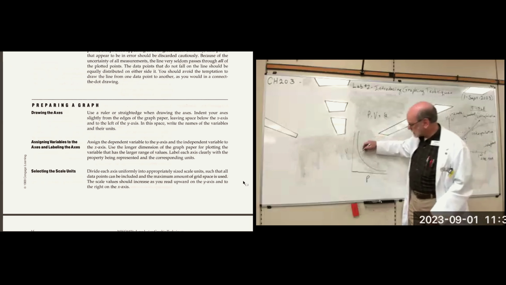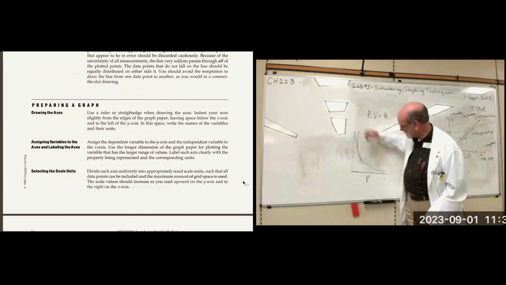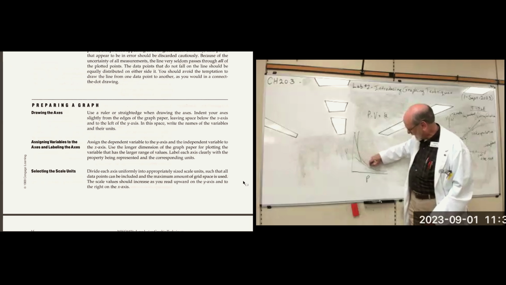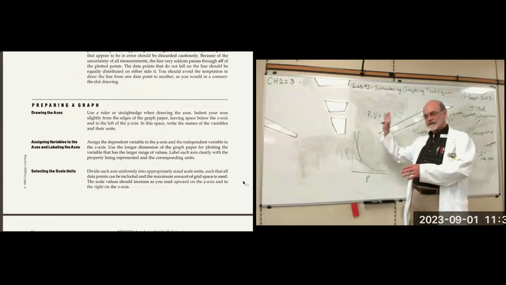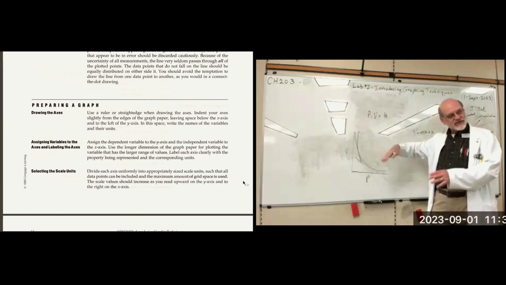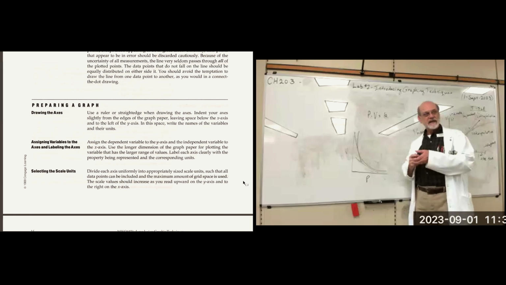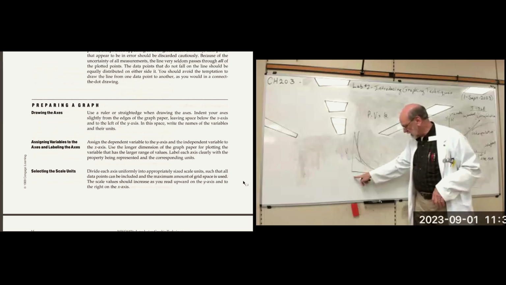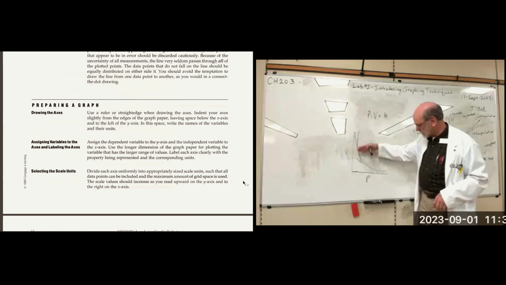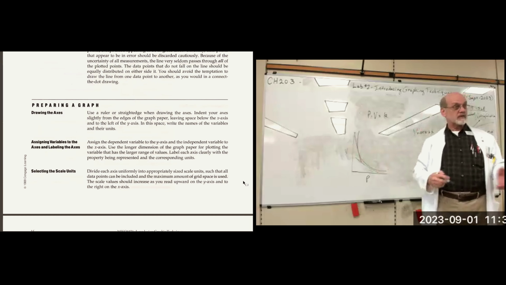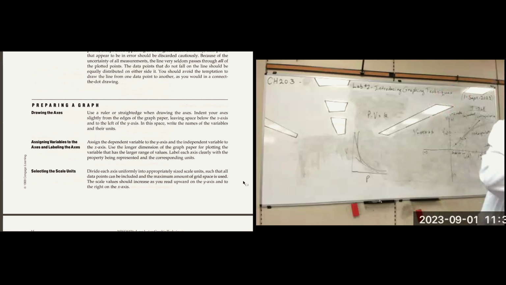So we could draw a tangent here, a straight line tangent like that, but over here it would be more like that. So the straight line tangent is changing, so the slope is changing too. But in general, as we increase P, volume decreases. That's still an inverse relationship. Okay.